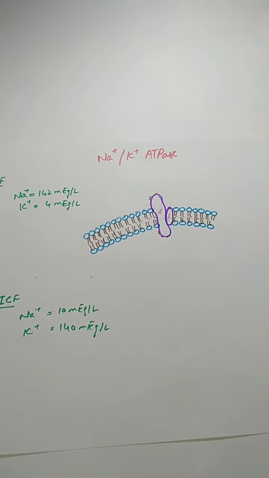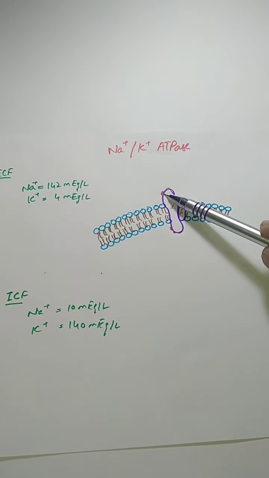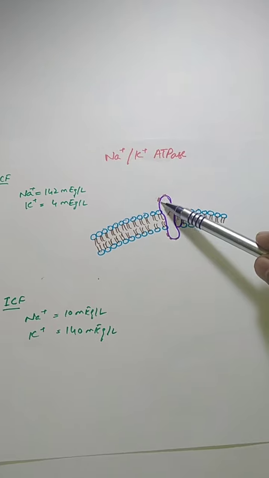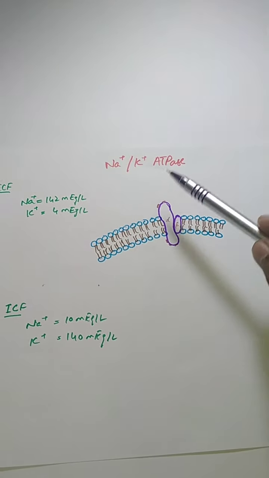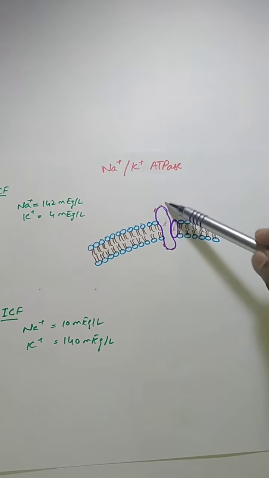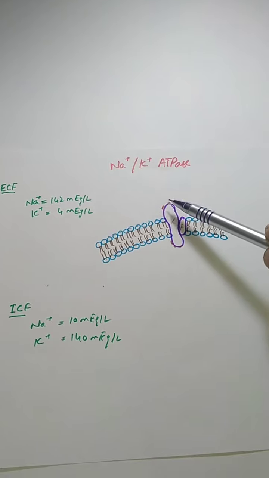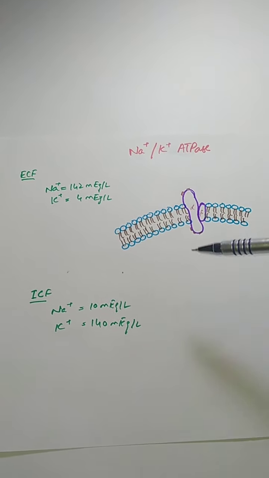How does this happen? Here are two specialized binding sites on the extracellular domain of the alpha subunit of this sodium potassium ATPase, which has two subunits, alpha and beta. The alpha subunit has specialized receptors or binding sites for the two potassium ions.